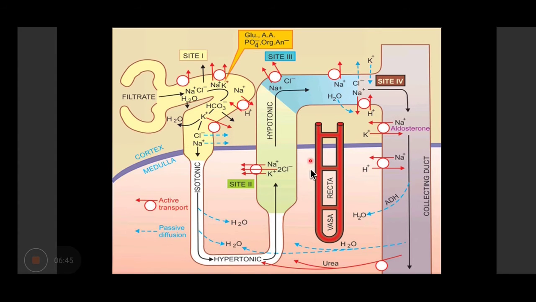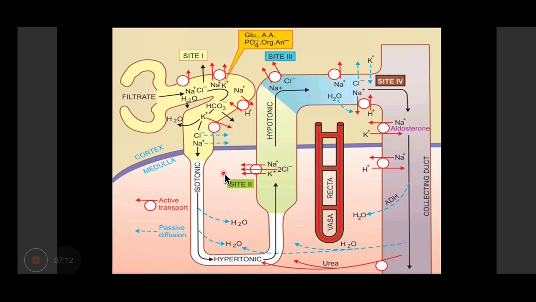The second site is the ascending limb of loop of Henle. And then there is this part in the cortex, an extension of the ascending limb only. This is the cortical diluting segment of the loop of Henle, which is site 3. And the area in gray, which you can see, is the DCT and the collecting duct.